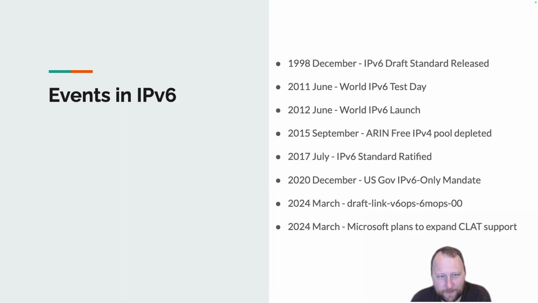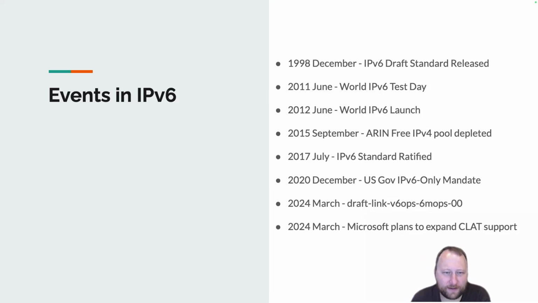I think people discovered things, but it's a big credit to all the work that went into making those non-events. In 2015, the ARIN free pool of IPv4 prefixes was depleted, officially meaning you can only get IPv4 addresses from transfers. And finally, in 2017, IPv6 was ratified as a standard, which, it'll come as no surprise, often technologies will be widely deployed without becoming actual standards.